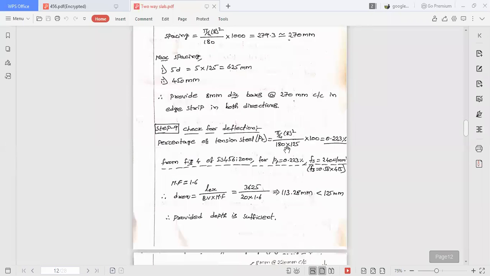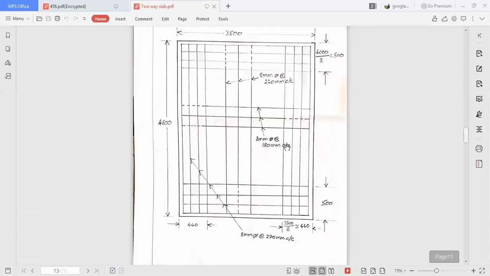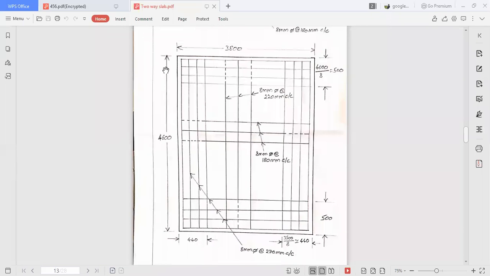Now, this one is internal, that means the front spacing, and here 4000 is the given dimension, right?